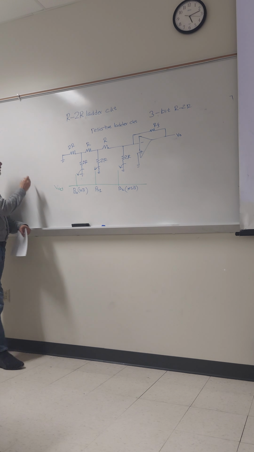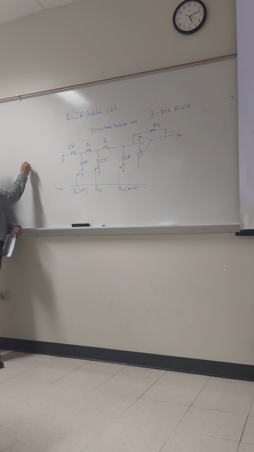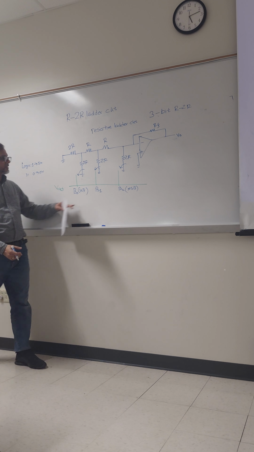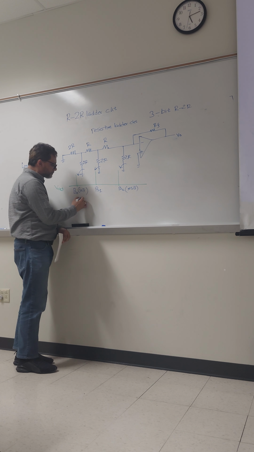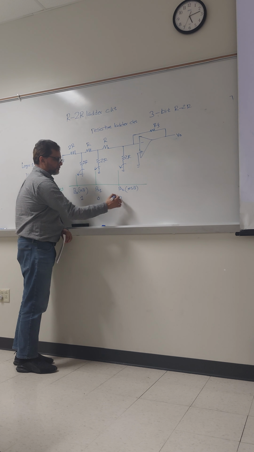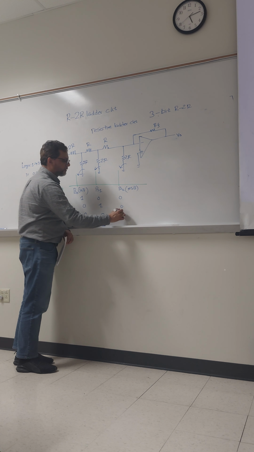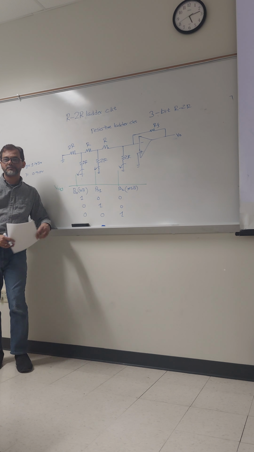For logic 1, we can just consider any volt, 5 volt, 2 volt, something, we'll see later. And for logic 0, it is 0 volt. As this is a 3-bit, it can be 1, 0, 0, it can be 0, 1, 0, it can be 0, 0, 1, something like that.